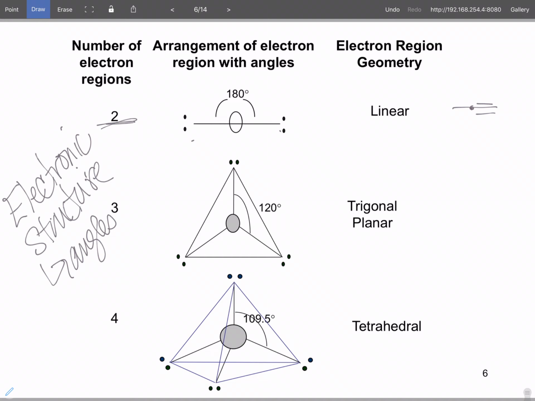If you put 3 in a plane, it's called trigonal planar. And no, you don't get this list to take the test. But it's really simple because if you think about it, you're going to get a triangle. So that's the trigonal and it's flat. So that's the planar. So trigonal planar means that you're going to have a flat triangle.